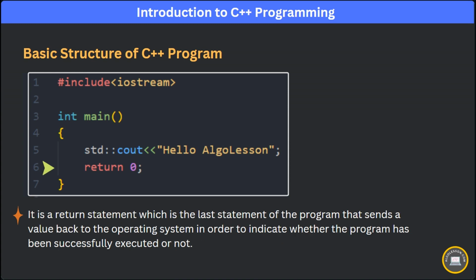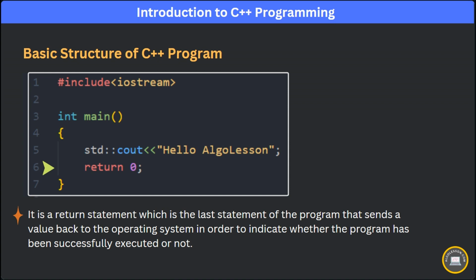Now the line return 0 is a return statement, which is the last statement of the program, that sends a value back to the operating system to indicate whether the program has been successfully executed or not. It is optional, you can include it or not, but it is preferred to use return 0 to indicate to our operating system that our program execution has been completed by returning one value.